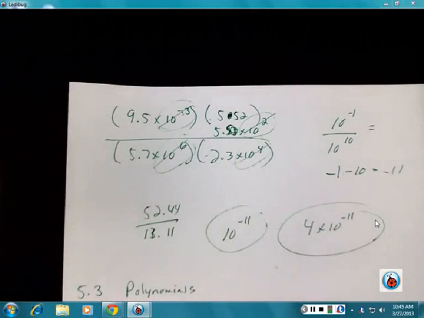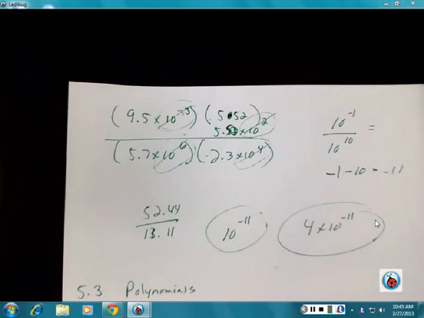And then I divided those two. So 52 and 44 hundredths divided by 13 and 11 hundredths gave me 4. That's how I got my 4. You see now? Okay. Good deal.